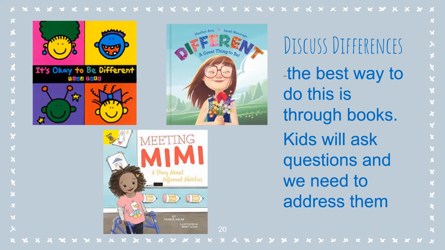But maybe come November, you're going to have a child that's nonverbal, okay? Explain to the children why he's using that machine to talk. Don't just have him start using it. By explaining differences to children, not only are they more accepting, but it just becomes a natural part of your classroom.